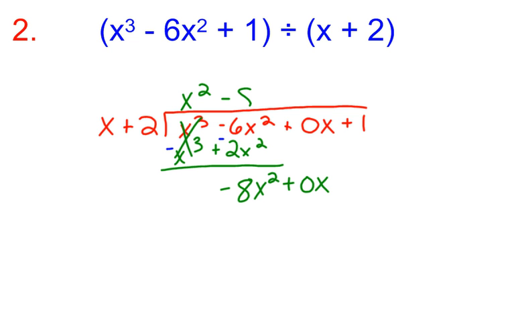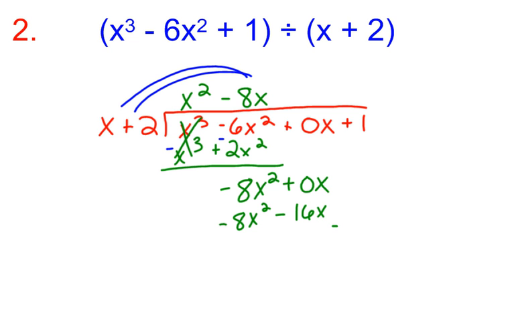So negative 8x. When I distribute, remember this is going to distribute to both of these. When I distribute that, I get negative 8x squared, so that tells me I picked the right monomial, minus 16x. Remember again, we are subtracting, so we change these signs. So these again added up to 0, which is my goal, right? And I have 16x here, and then I'm going to bring down this 1.